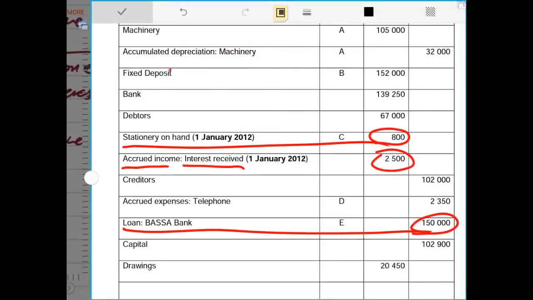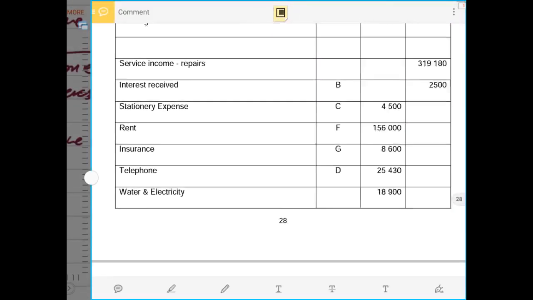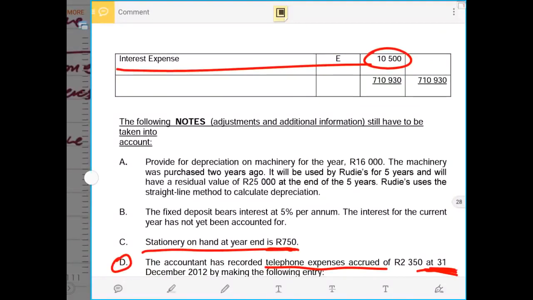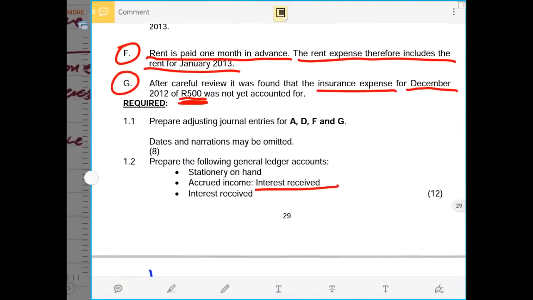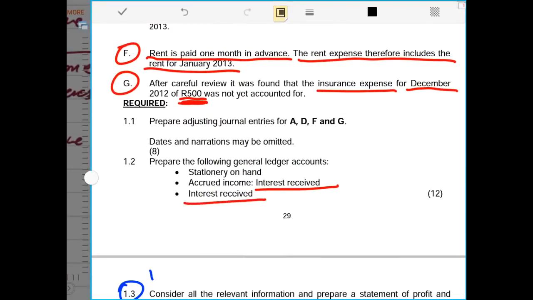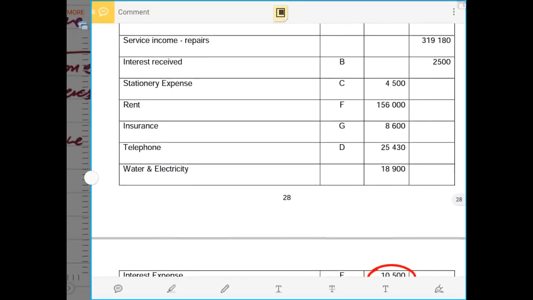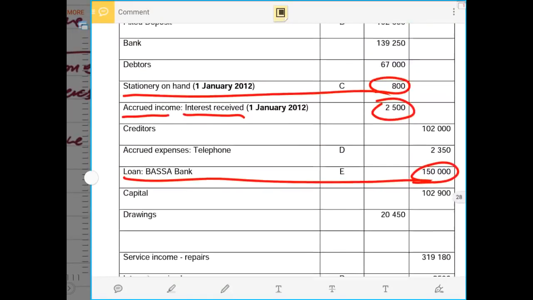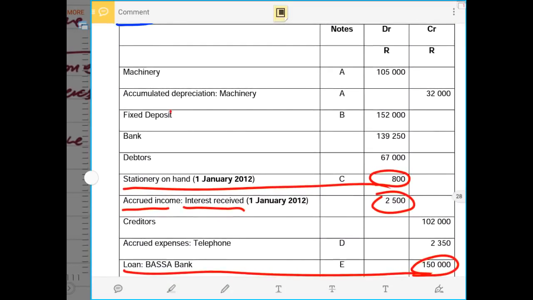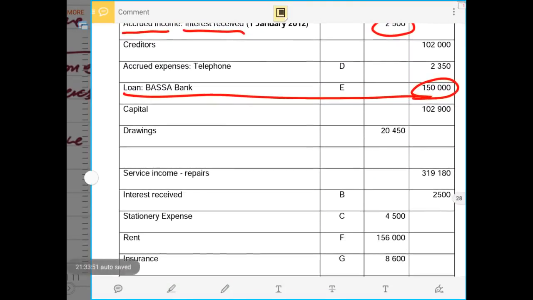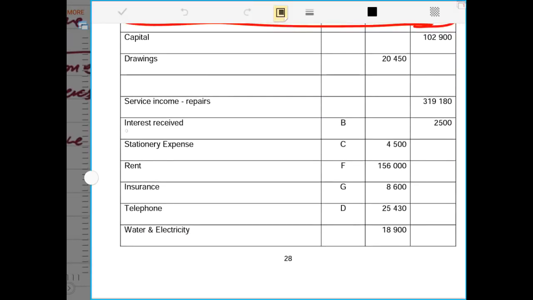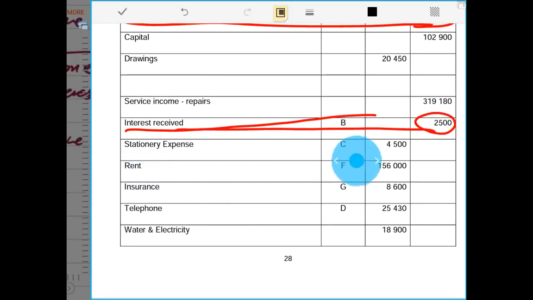The last ledger account as the requirement is the interest received ledger account. Interest received is an income account, and we have to start with the interest that was received in the trial balance. In the trial balance, the interest received amounted to 2,500, which is just the total in the trial balance.